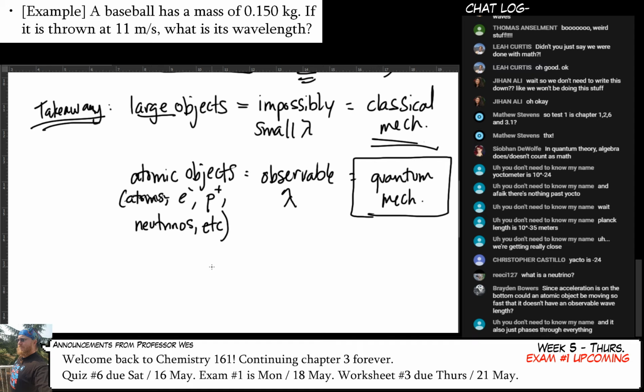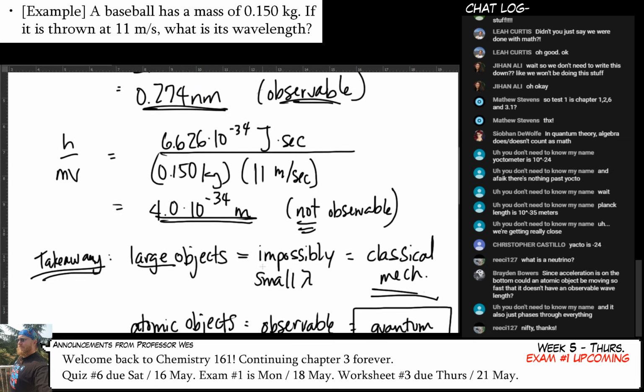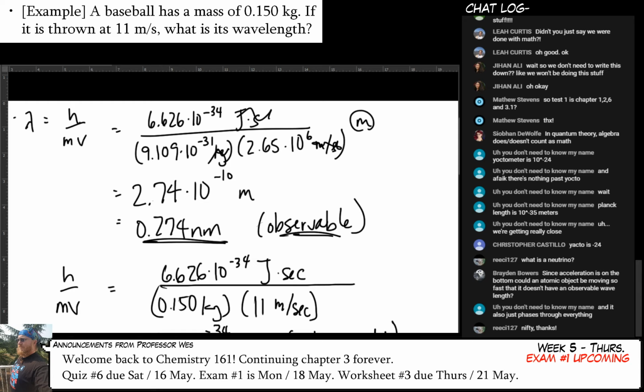Could an object be moving so fast that it doesn't have an observable wavelength? If you increase the speed... I gotta look at the equation. Hold on, let me think about this. So if this goes up, this goes down.